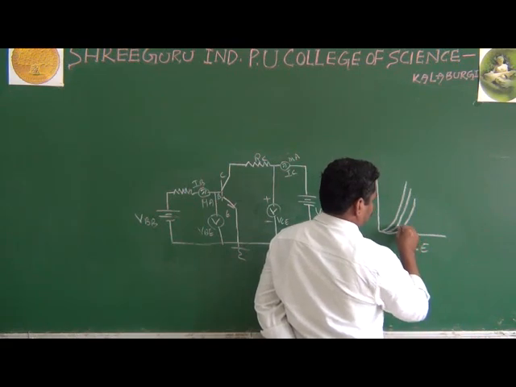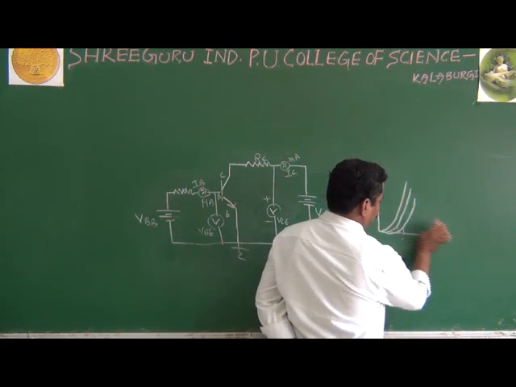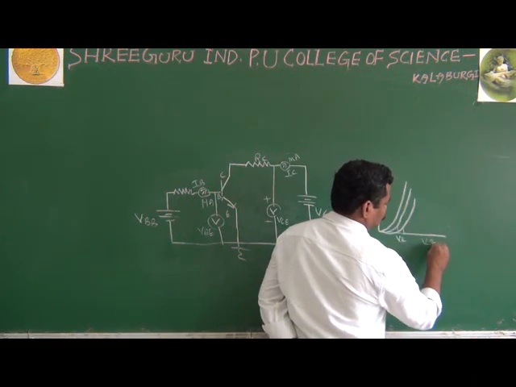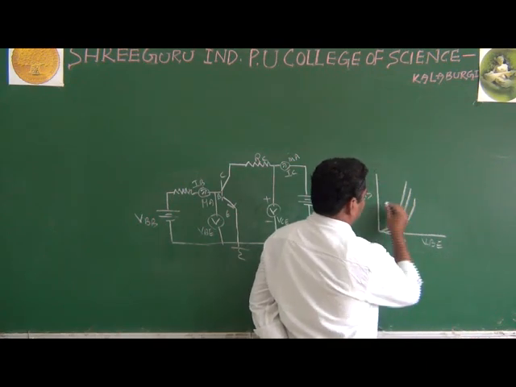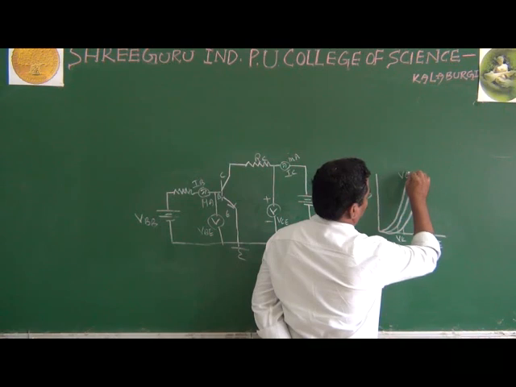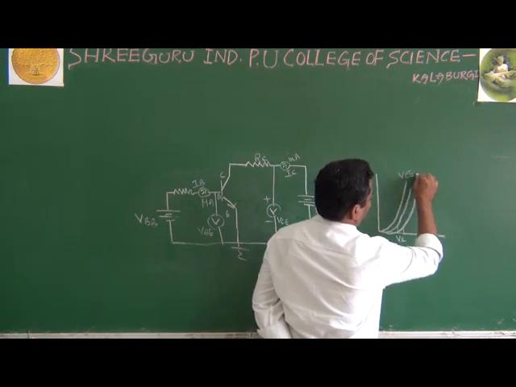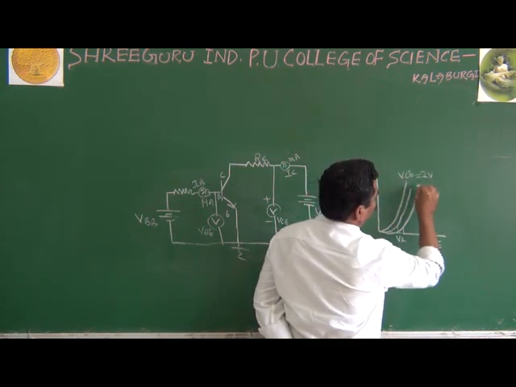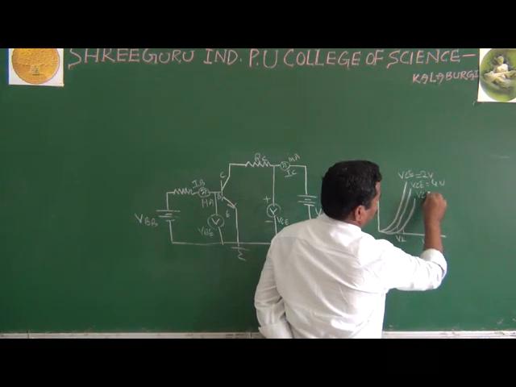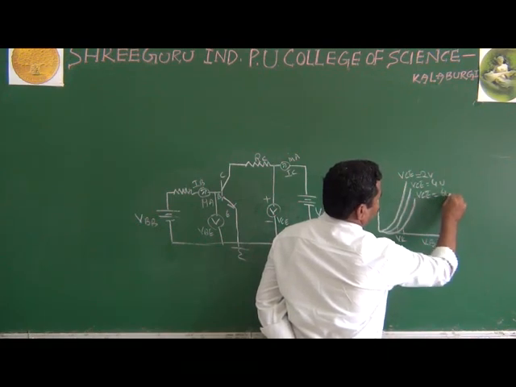Here this is your VBE, and here you get the VCE, it may be 2 volts, 4 volts, 6 volts.